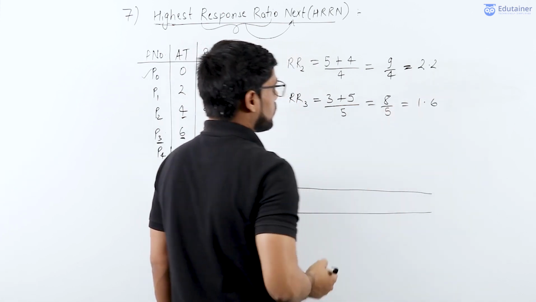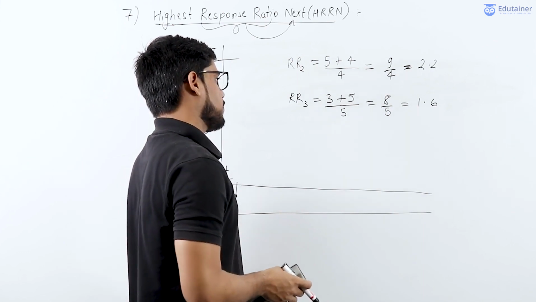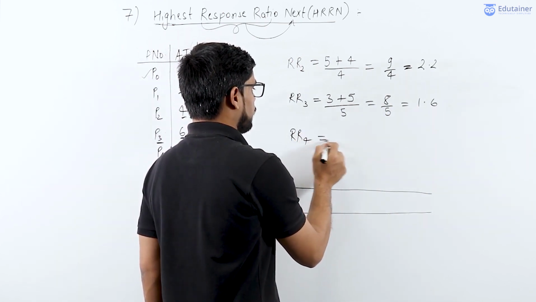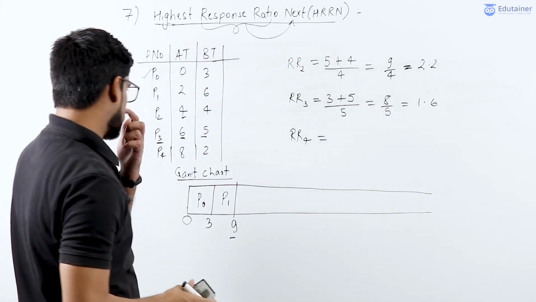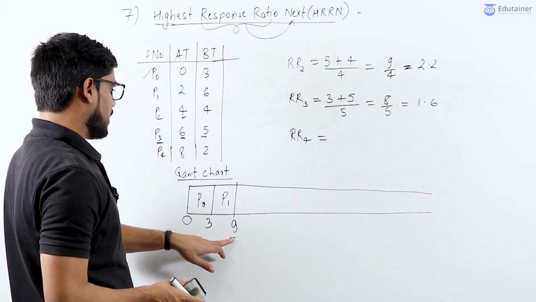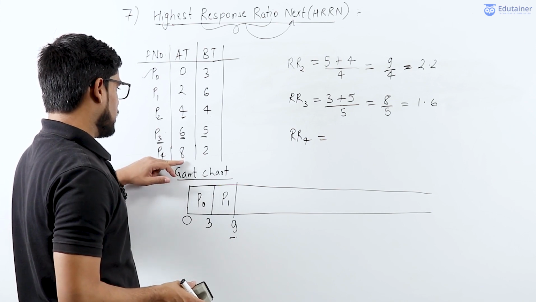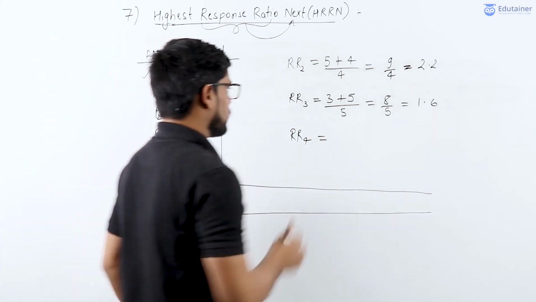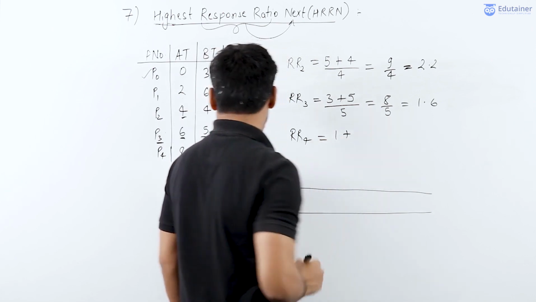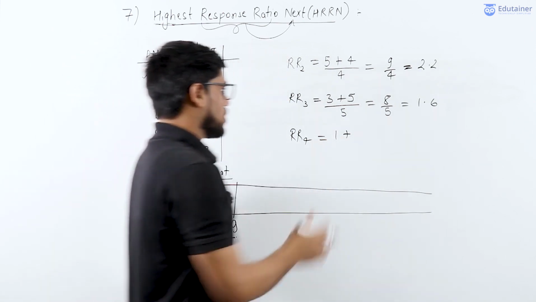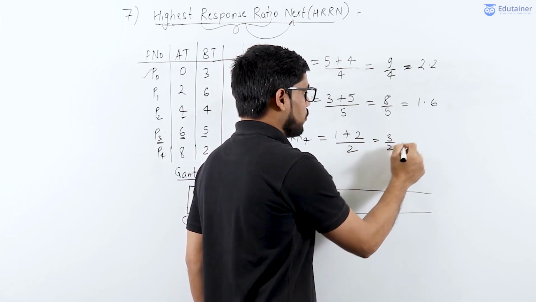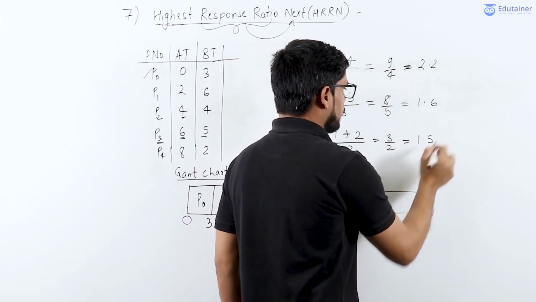Then the response ratio of process P4: the current time is 9 and it arrived at time 8, so the waiting time is 9 minus 8, which is 1, plus the burst time of 2, divided by 2. So it is 3 by 2, which is 1.5.